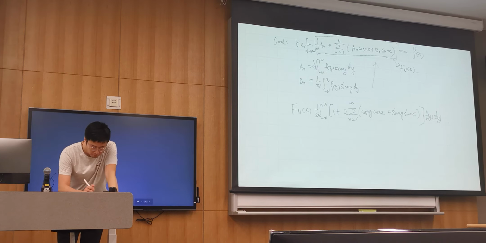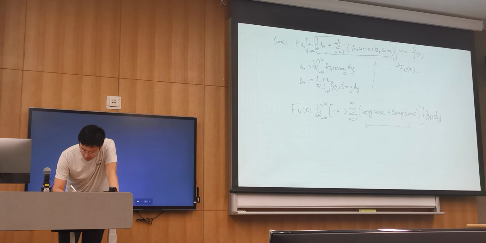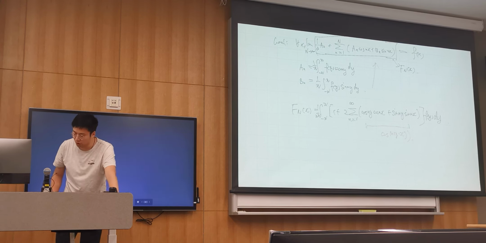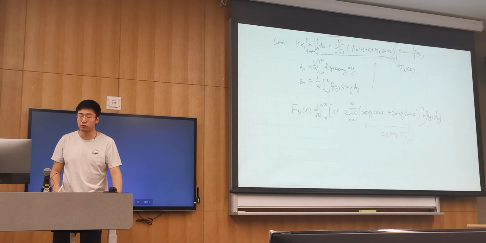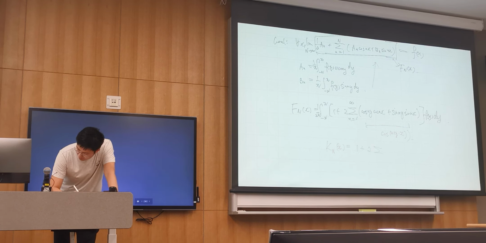Because this term is essentially cosine n(y minus x), we could define a kernel function, the kernel function K_N(x), which equals 1 plus 2 times the sum from n equals 1 to N of cosine nx.